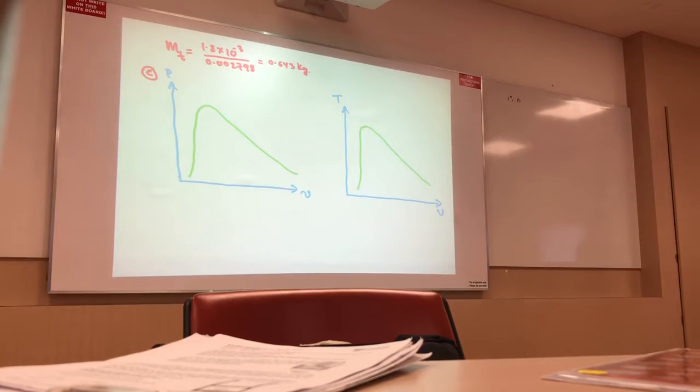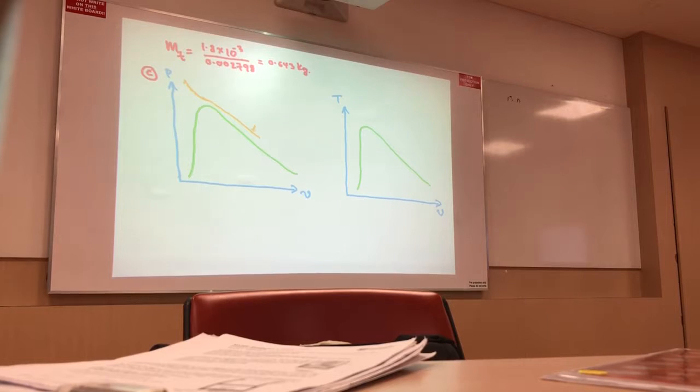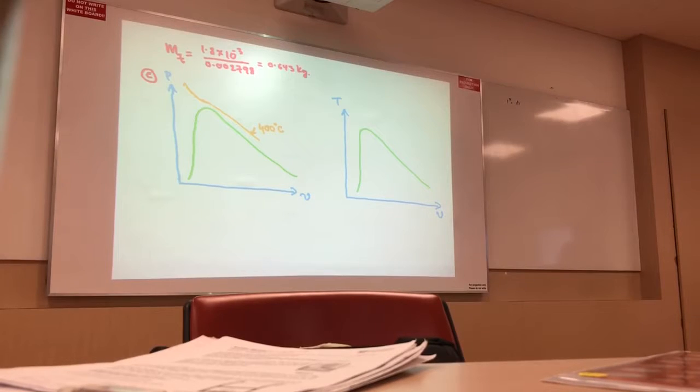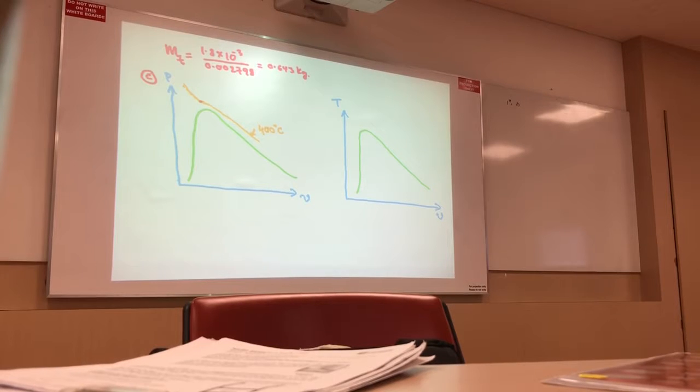So this one indicates the temperature at 400 degrees Celsius. Right? It's something like that. And what is the initial pressure? 30 megapascal, right? So 30 megapascal is higher than the critical point.